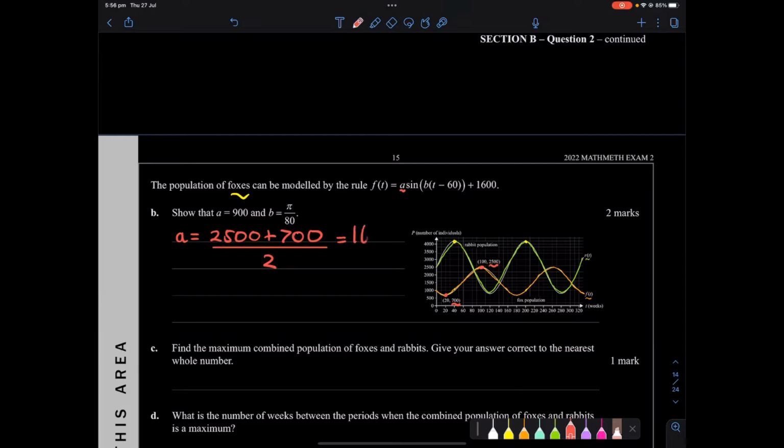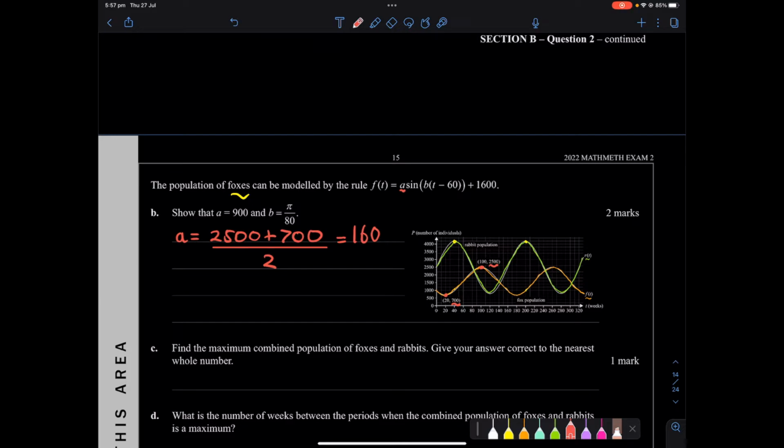Okay, wait. Have I done anything wrong here? This is that value and this is that value. I've added them together and divided them by 2, which gives me 1,600.